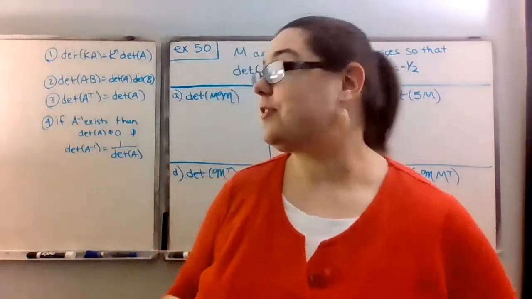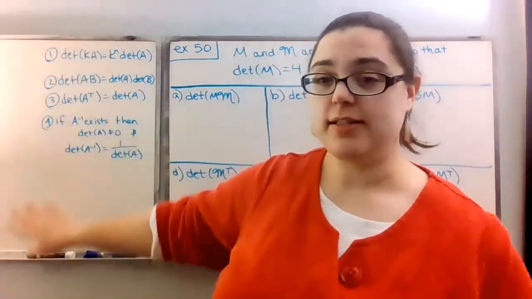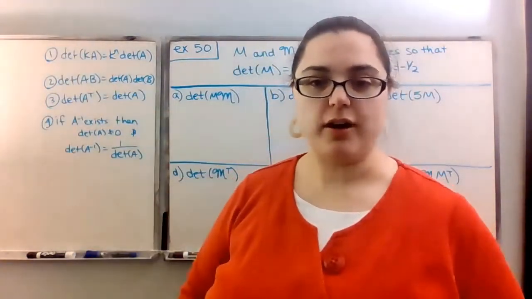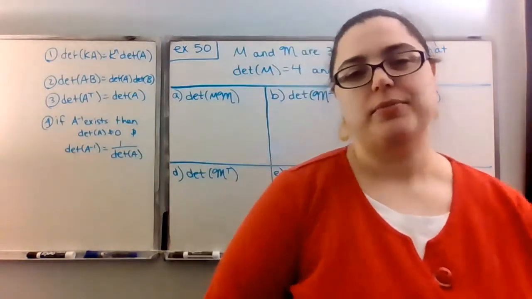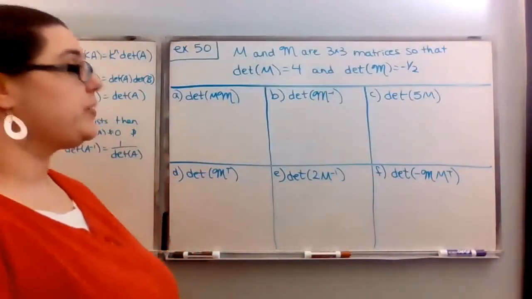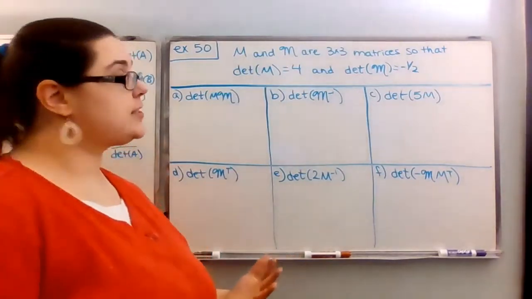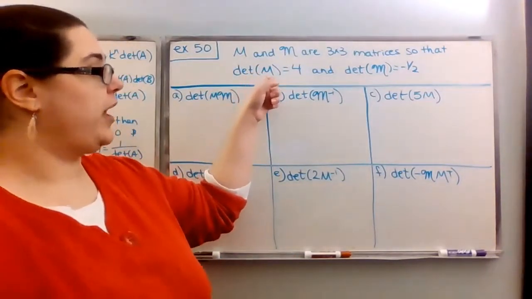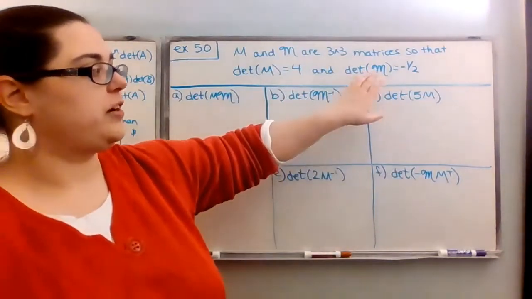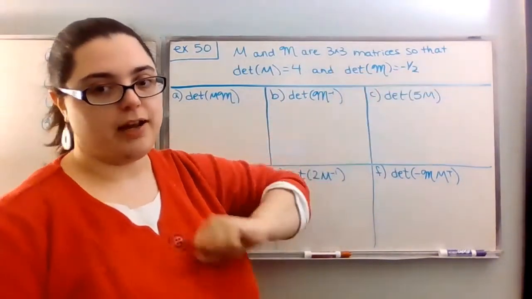To help us out, I've listed our properties of determinants on the side that we've been discussing so far, and we're going to apply them to find some determinants. So in this case, M and fancy M are 3 by 3 matrices. We know that the determinant of M is 4, and the determinant of fancy M is -1/2.